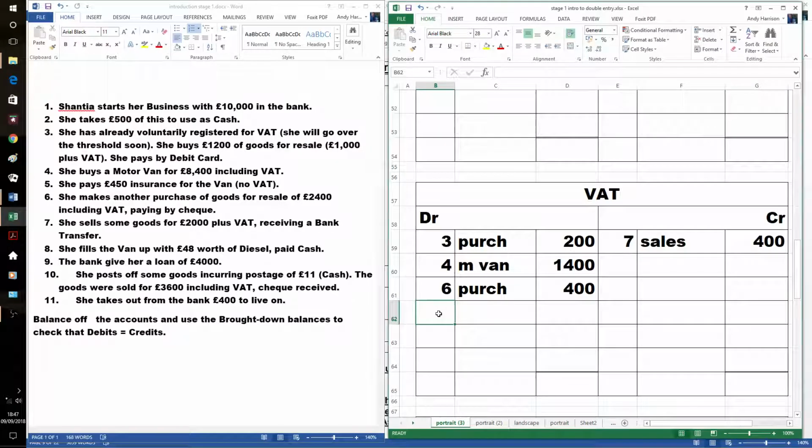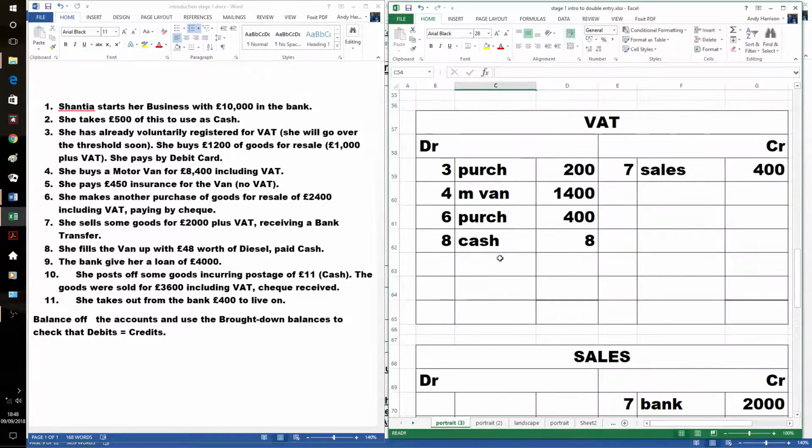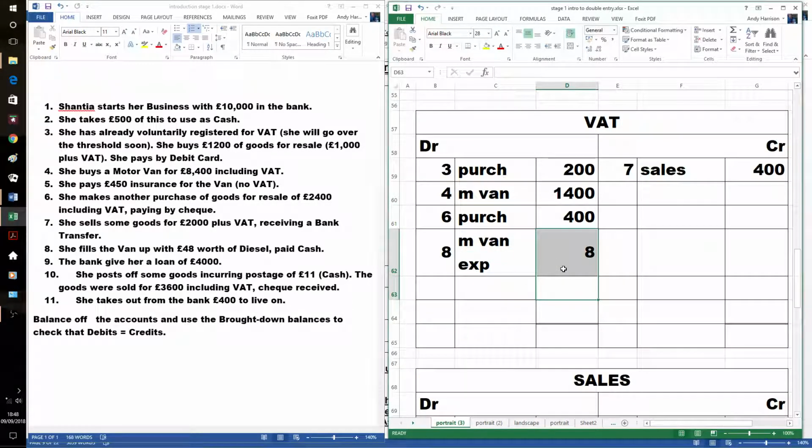As we've got the total, sometimes it's easier to work out the VAT first. £8 VAT out of 48 means my motor van expense is 40. Thinks it better, describes it better.